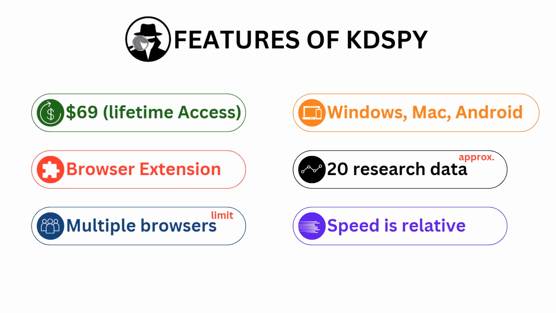Someone using a 5G or 4G phone will have better speed than somebody using a 2G phone, because Kdspy works with the internet your browser uses, and if it's not strong enough, you're going to get frustrated. So its speed is relative to your device, even on a system. Depending on the system you use, the speed of Kdspy is relative. So I cannot say it's fast or slow. It's just relative to the device you are using.